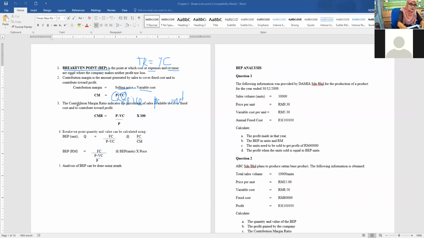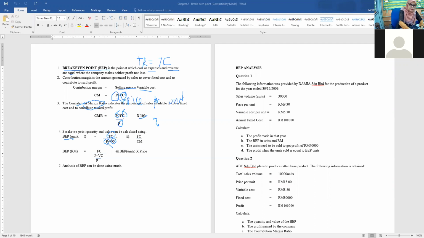Okay, formula for contribution margin ratio: price minus variable cost divided by price times 100. The answer will be in percentage. Okay, next, break-even point in units. The formula is fixed cost divided by price minus variable cost.